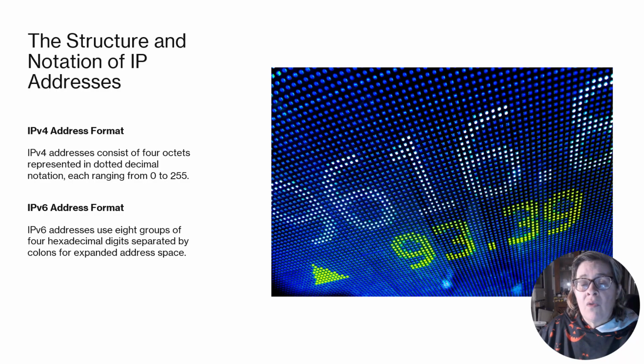The notation is divided into 8 groups of 4 hex digits, separated by a colon. So that's a difference: an IPv4 address has full stops, or dotted decimal, in 4 octets, while IPv6 uses hexadecimal, which includes A through to F because it's 16, separated by colons.